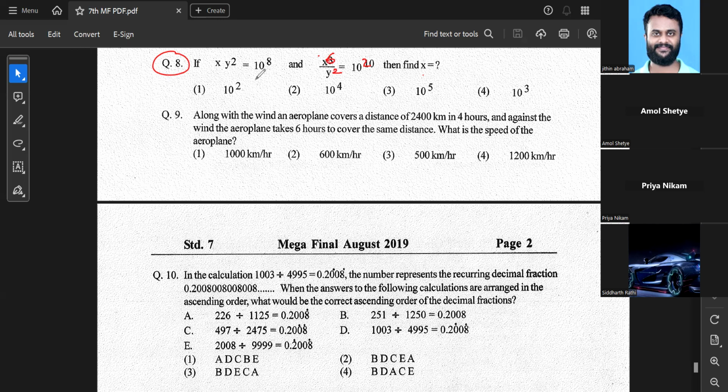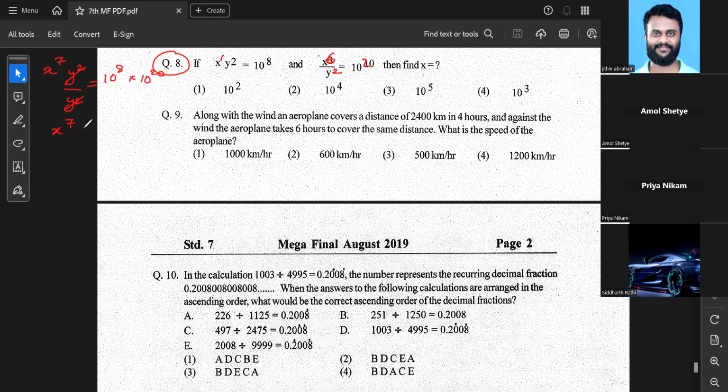Now I'm going to multiply the equations. On the left hand side, I get x raised to 1 multiplied by x raised to 6, which is x raised to 7. Then I have y square in the numerator and y square in the denominator, which cancel each other, and y is eliminated totally. Hence I squared in order to eliminate y. On the right hand side, I have 10 raised to 8 and 10 raised to 20, which gives 10 raised to 28.